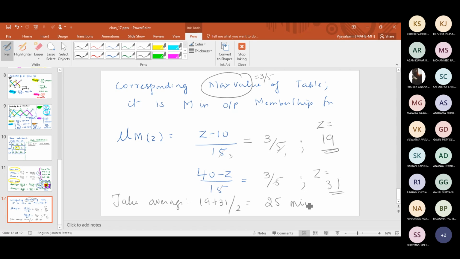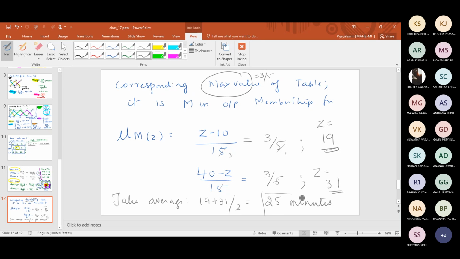So corresponding to the given problem, 60% dirt and 70% grease, 25 minutes according to our design. The washing machine has to run for 25 minutes using this fuzzy logic inference or controller.